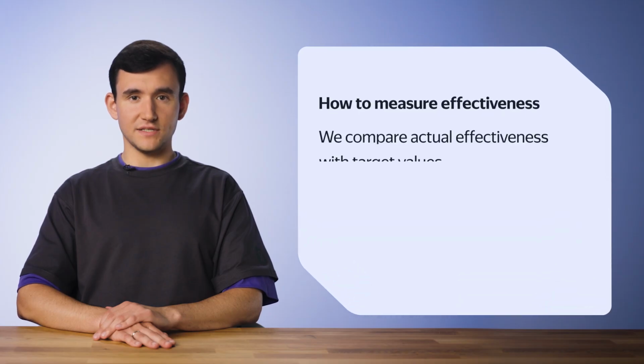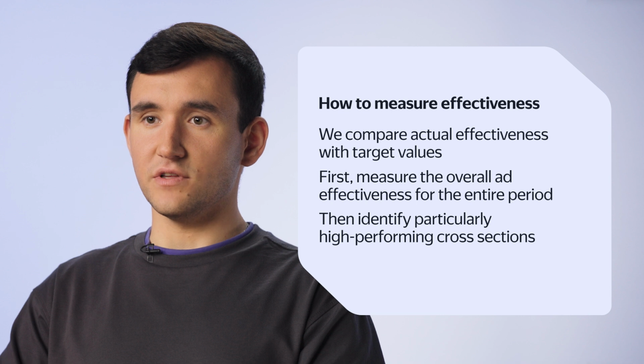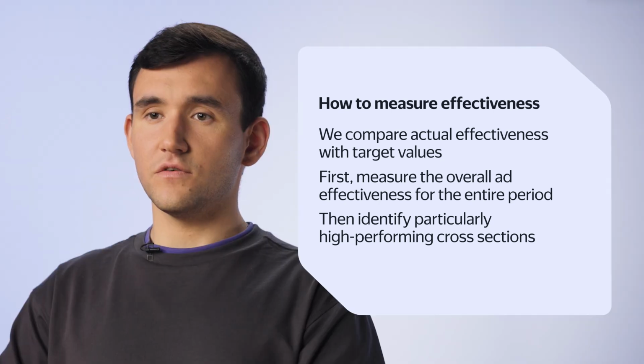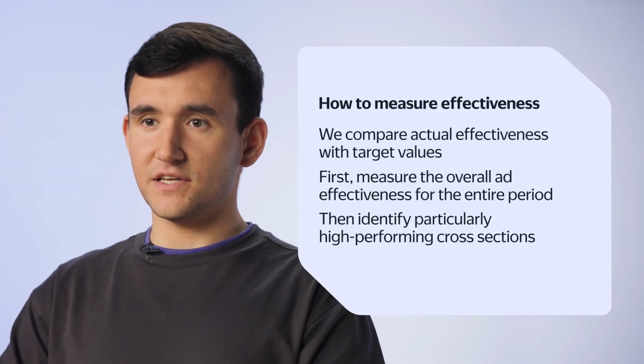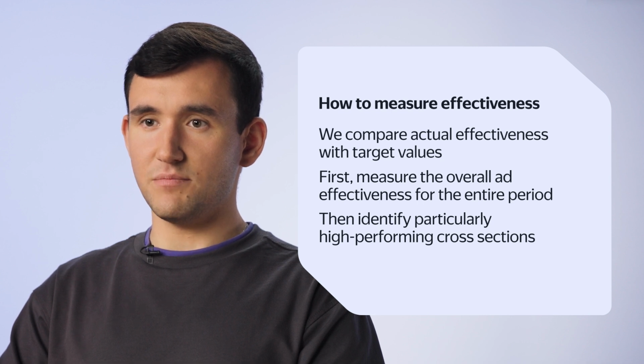How do we measure advertising effectiveness? As you remember, for our baseline, we compare actual effectiveness with target values. When evaluating ad effectiveness, it's best to start from the general and move toward the specific. First, measure the overall ad effectiveness for the entire period, then identify particularly high-performing cross-sections within the statistics. What is a cross-section? It refers to breaking down our advertising into segments based on a set of criteria.